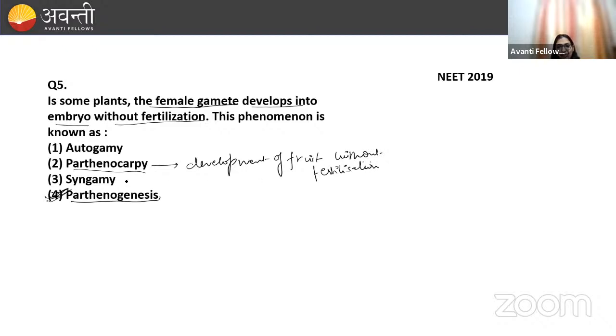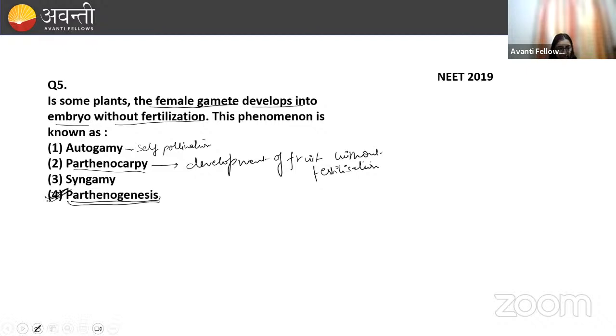Syngamy is when the male gamete fuses with the female gamete and they form zygote. And autogamy is self-pollination. So the correct option is option number 4. I hope it is clear now, Ms. Gauri.